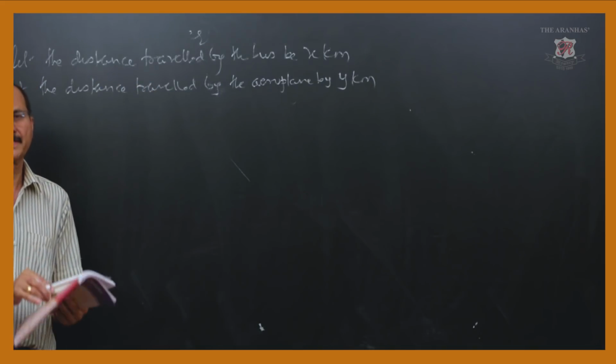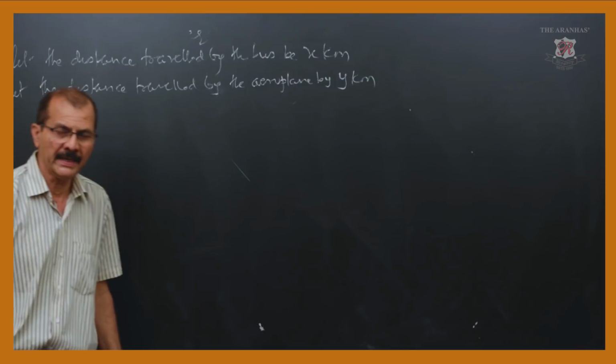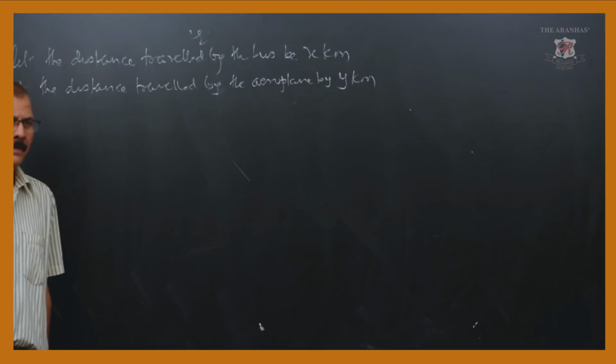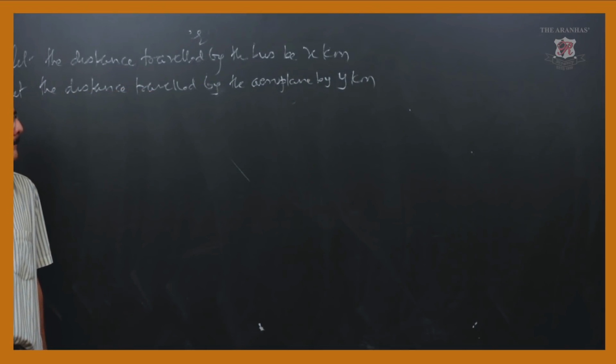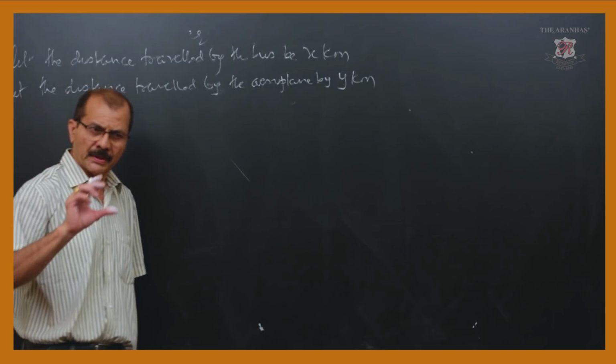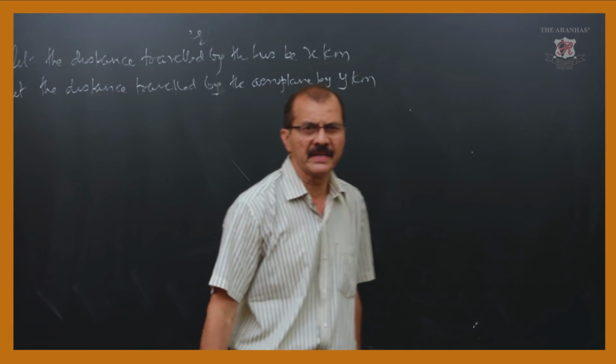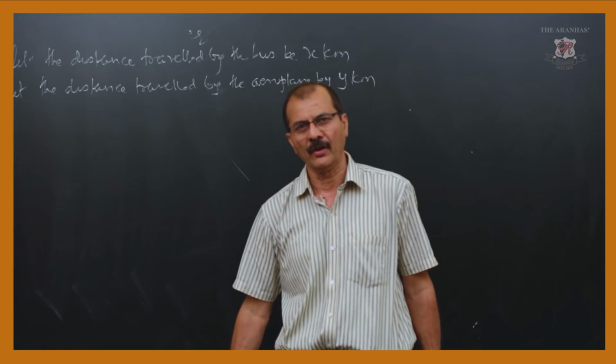So, you know the distance travelled by bus and the distance travelled by the aeroplane. The total distance travelled is 1900 kilometer.